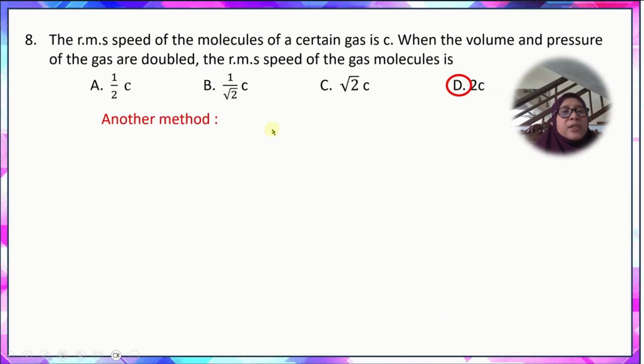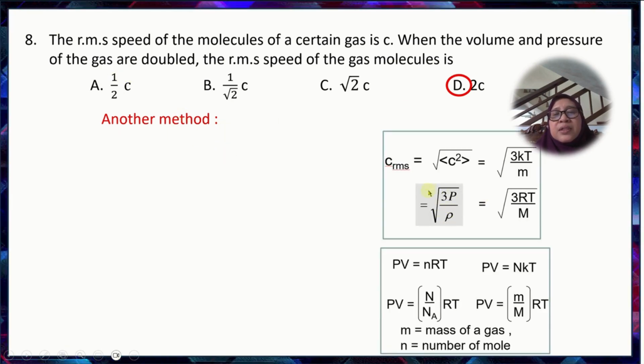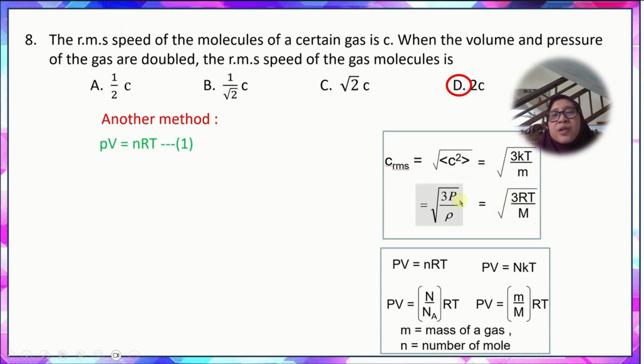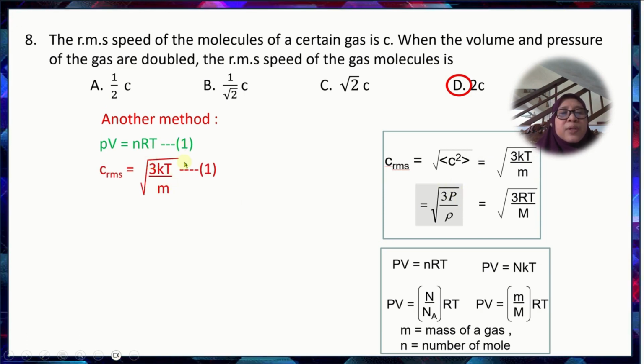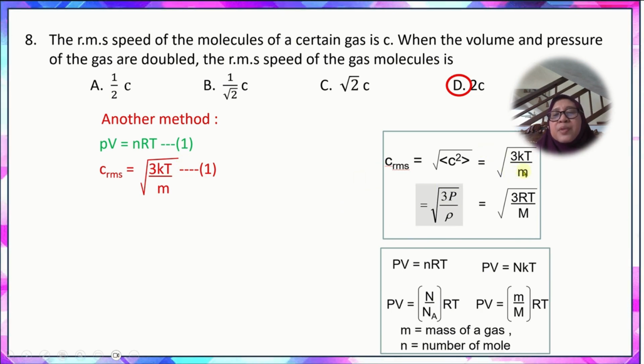Okay, there is another method using the formula of r.m.s speed here. There are four equations for r.m.s speed. We choose PV equals nRT, and the r.m.s speed is the square root of 3kT over m, where m is the mass of one molecule.